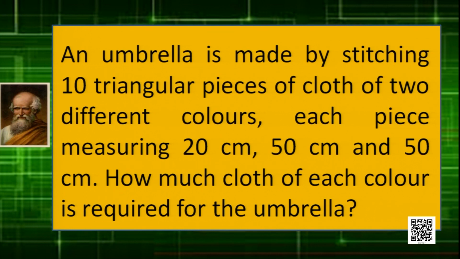Let's have another question. This question says, an umbrella is made by stitching 10 triangular pieces of cloth of 2 different colors, each piece measuring 20 centimeter, 50 centimeter and 50 centimeter. That means these 3 sides of the triangle are 20 centimeter, 50 centimeter and 50 centimeter. How much cloth of each color is required for the umbrella? So let's see.